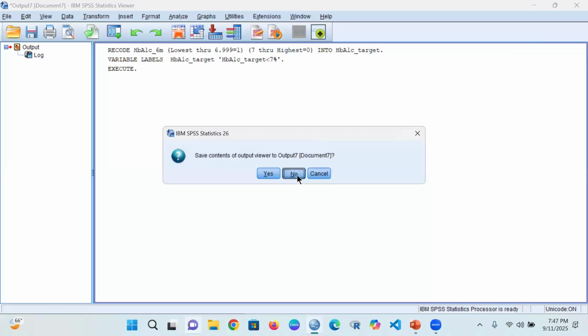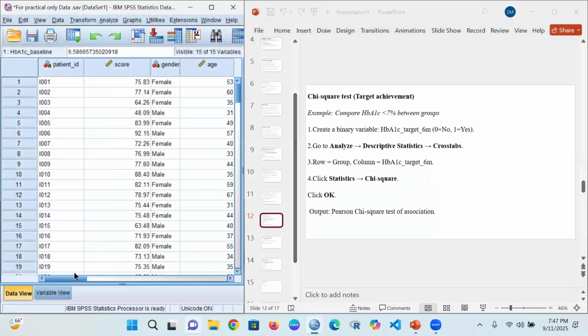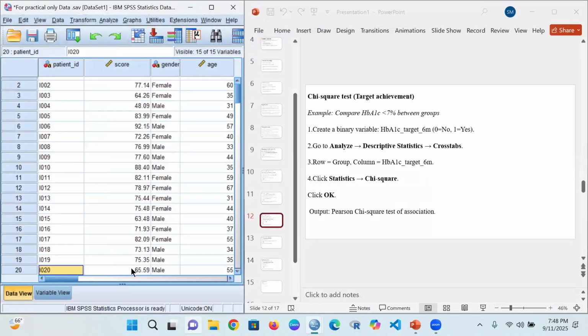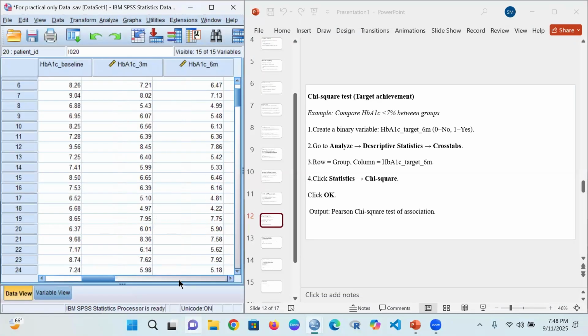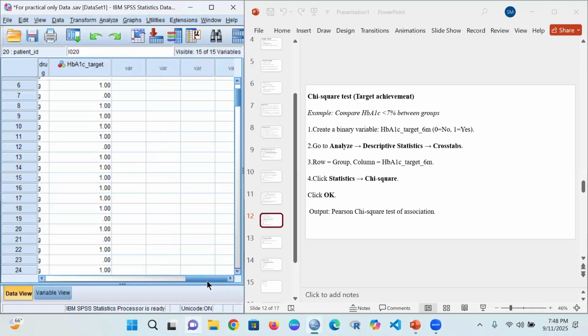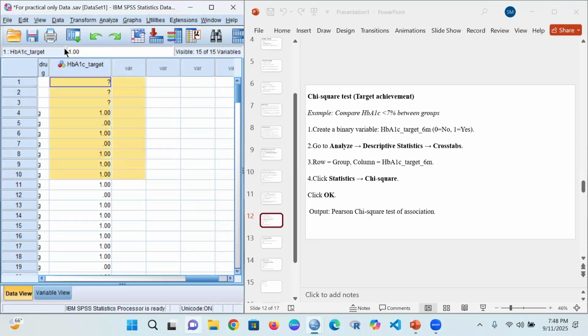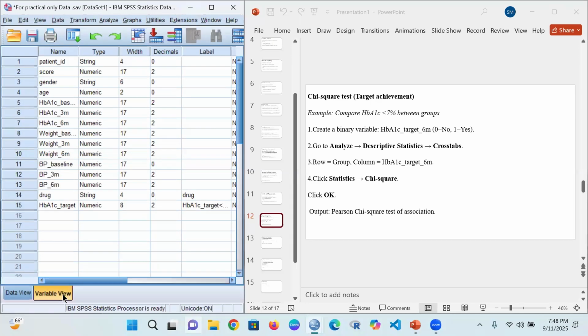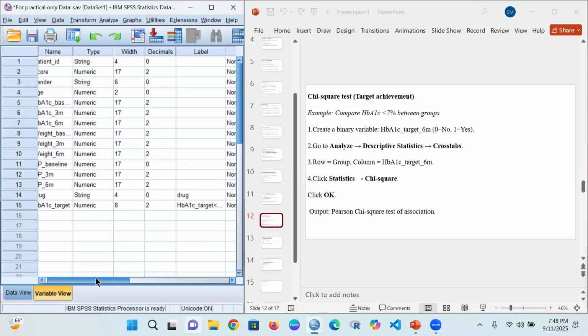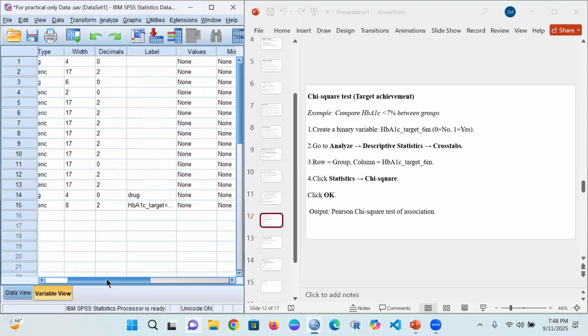Then you go to our data and check whether it has appeared. You can see the HbA1c target that we coded has appeared. In our variable view, we can see it here as numeric, and the label is a target.